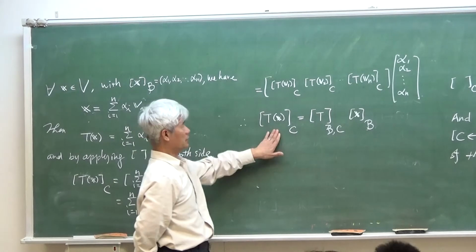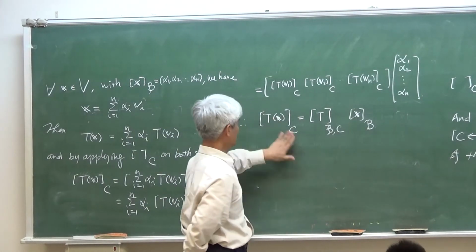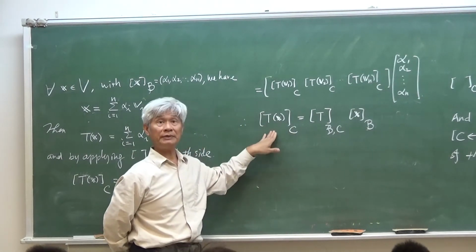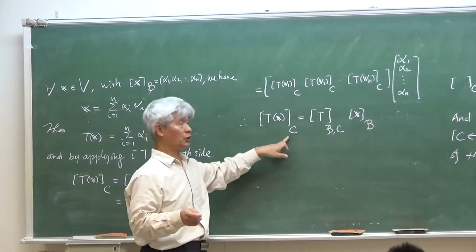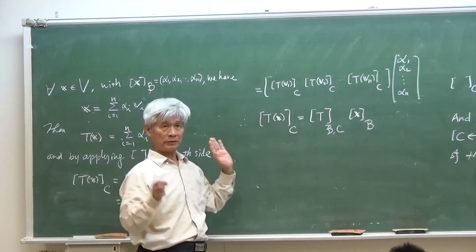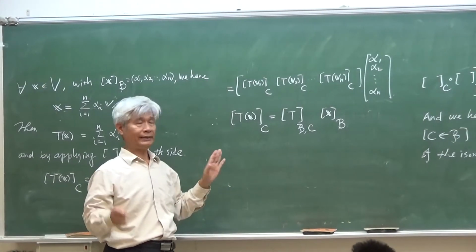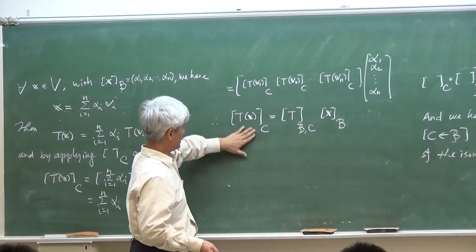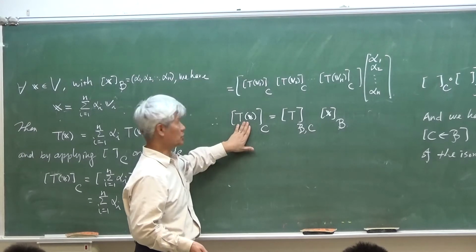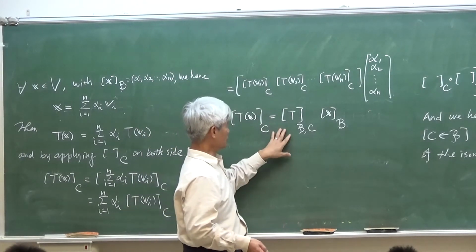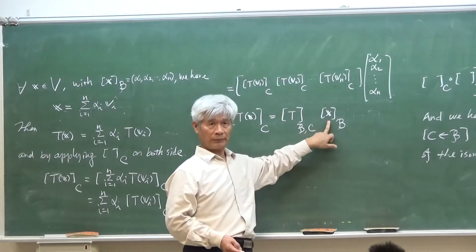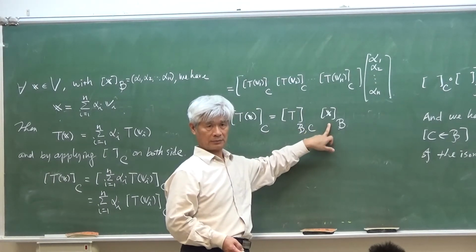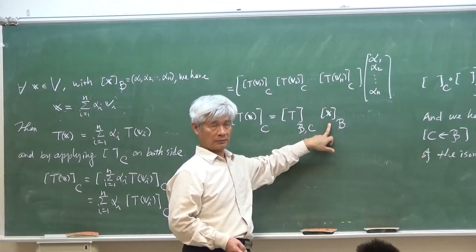So the image of the vector in the C-coordinate system, because the image is in W, and we create C-coordinate system for the codomain W, right? So this is the C-coordinate vector of the image of X is equal to a matrix times the B-coordinate of X, right?